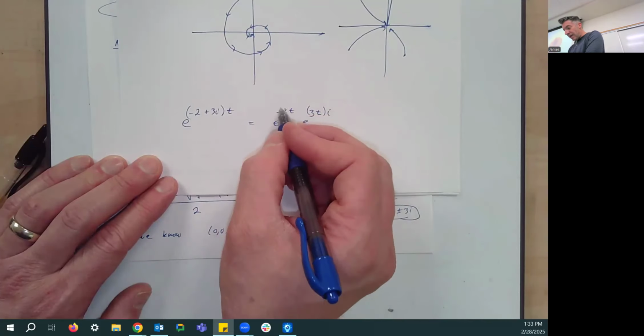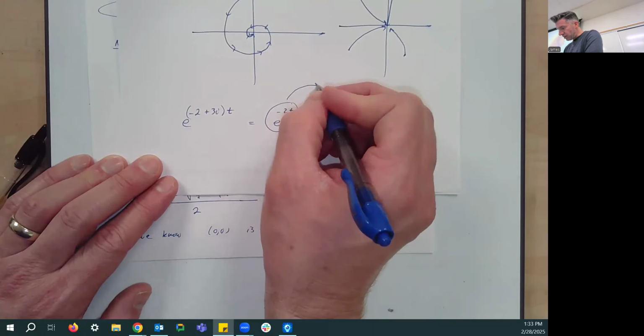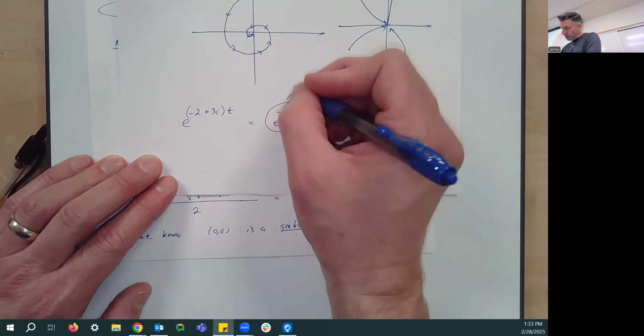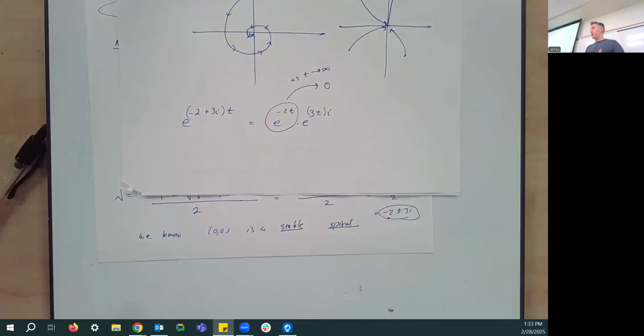And since it's a negative number there, that thing is going to get smaller and smaller as time goes on and on. So as time goes on, we're getting closer and closer to the equilibrium of zero.